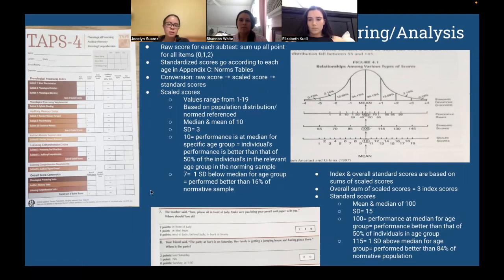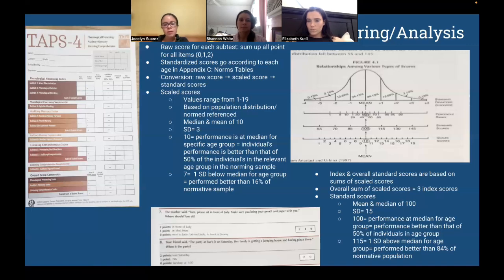So for example, a scaled score, for this test, the values range from 1 to 19, and the mean or median is a score of 10. The standard deviation is a 3. So if the individual scores a 10, they're right in the middle, and that means that the individual's performance is better than that of 50% of all the other individuals in their same age range within the norming sample.